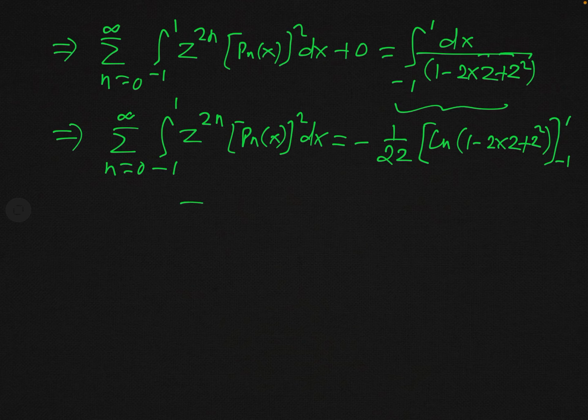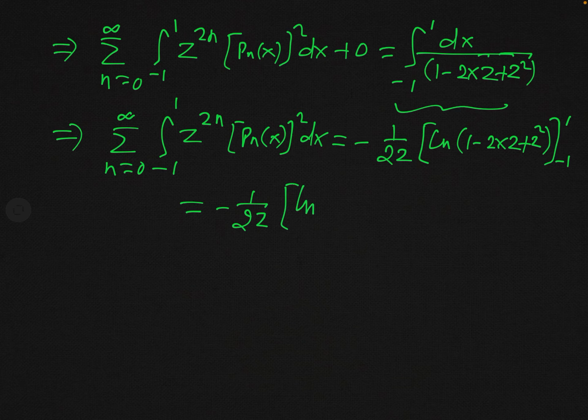Now simplify the RHS of this equation. This is minus 1 over 2z into, now let us substitute the limits. As you know, these are limits of x, so we'll simply put first of all the upper limit and then the lower limit.